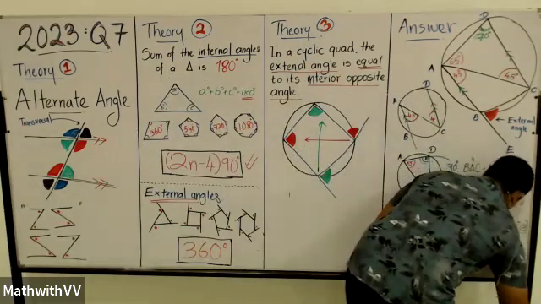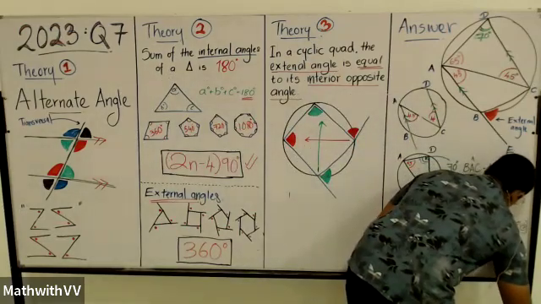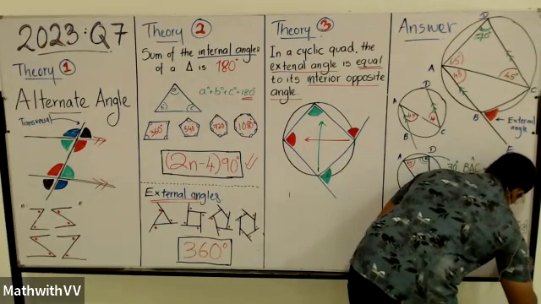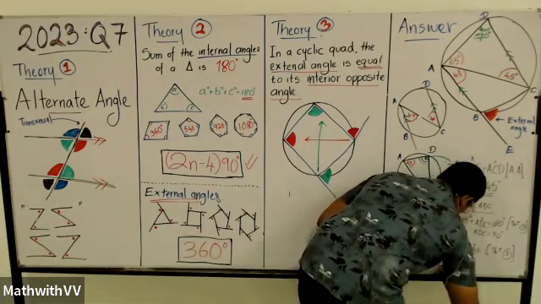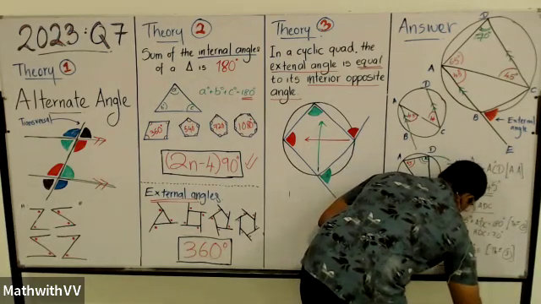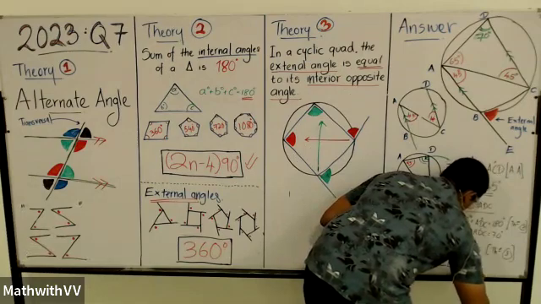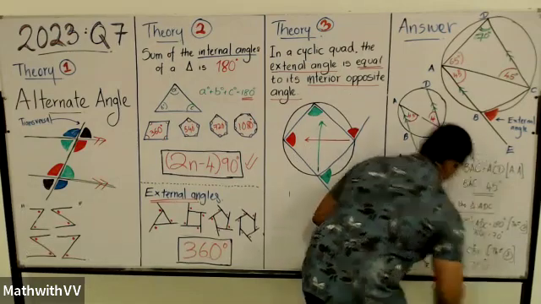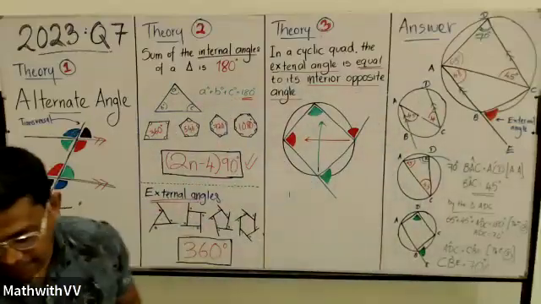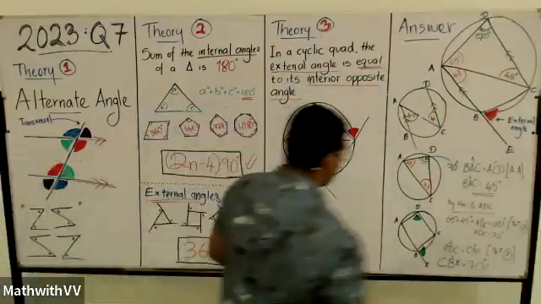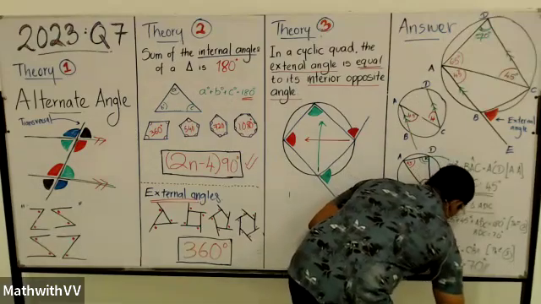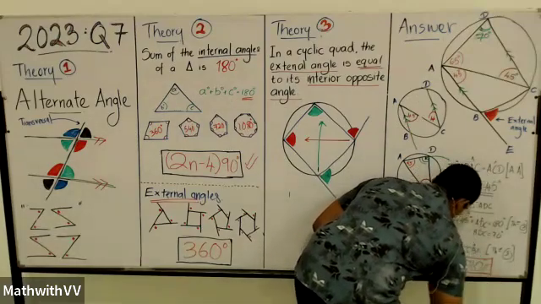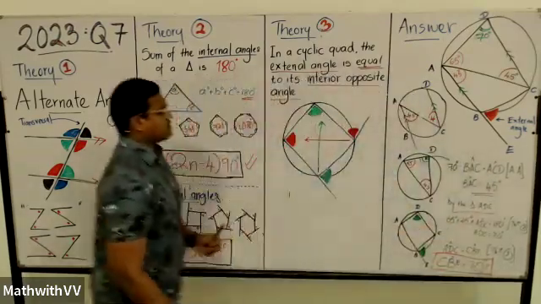So this is by theorem 3. Therefore, the answer is CBE equals 70 degrees. Always, as a practice, as I say, highlight your final answer. CBE is 70 degrees.